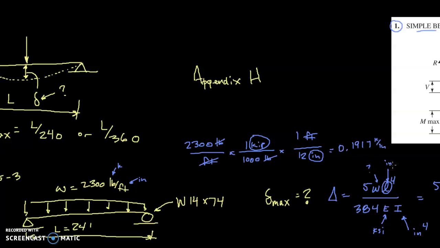I want that to be in inches. It's given to us in the problem statement in feet, so we're going to have to convert. 24 feet, for every 1 foot, there are 12 inches. And so 24 times 12 gives us 288 inches.